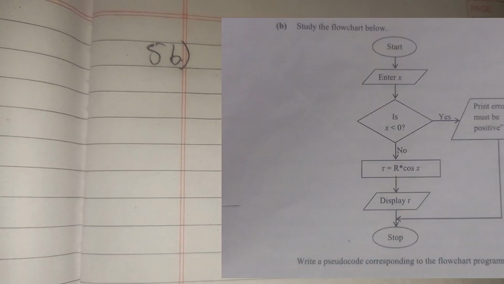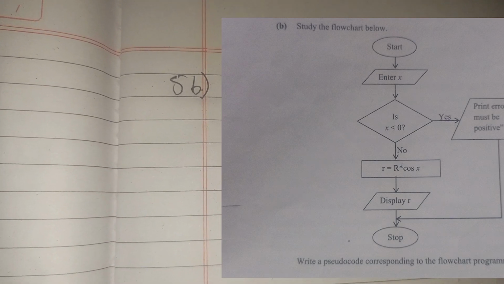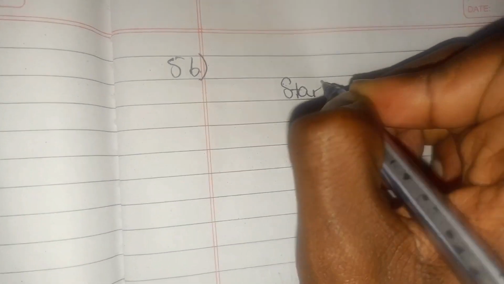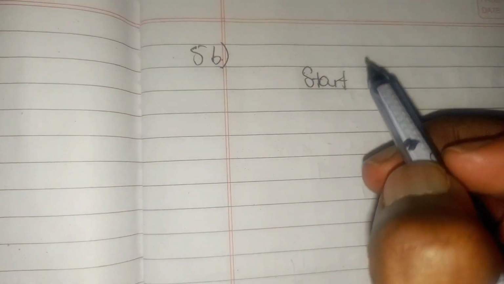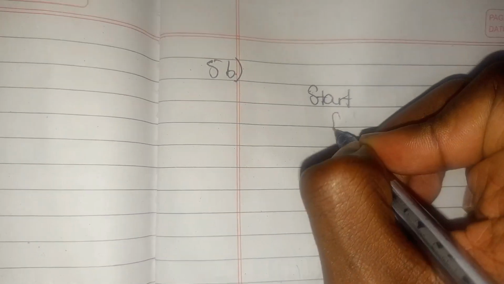5b, we're asked to write the pseudocode for the flowchart. So without any further ado, let's get to it. We first start off with start. Start is the beginning of the pseudocode. The next thing that follows is enter.